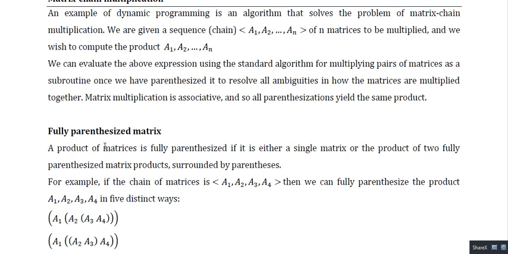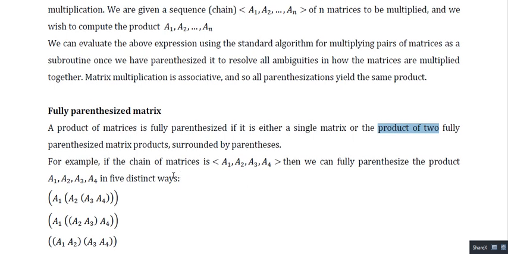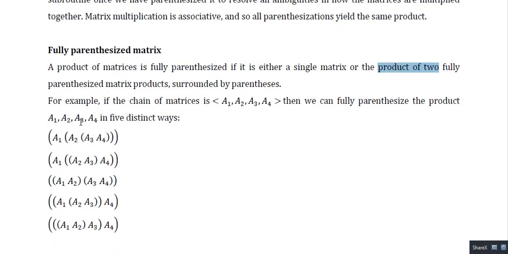Okay. Before going into depth, let us see what a fully parenthesized matrix is. If we have a single matrix, it is fully parenthesized, or a product of two fully parenthesized matrices surrounded by a parenthesis, right? If we have a sequence like A1, A2, A3, A4, then we can fully parenthesize the multiplication in these ways.